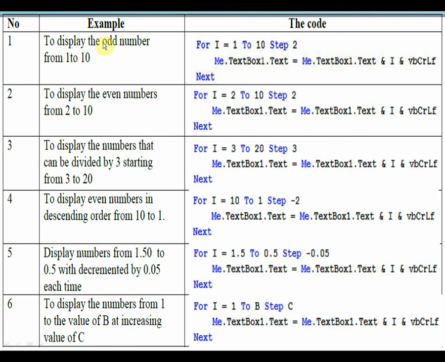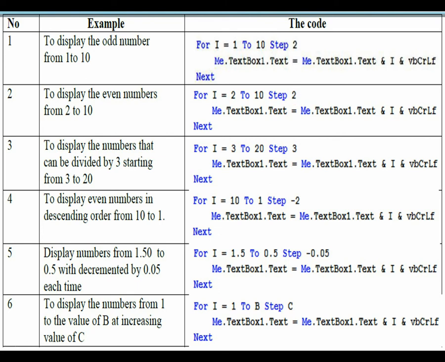Because it's odd numbers, we need to step by 2: 1, 3, 5 and so on. Okay, to display the even numbers from 2 to 10, the same. We put the word for and then the counter variable I equals the start value, here 2, to the end value, which is 10, because it's even, so the step is 2.